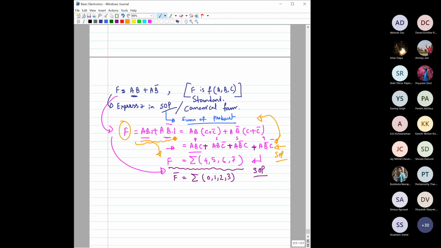This type of manipulation we have already done when we studied the different postulates of Boolean functions. It is just the inverse process to minimize it.